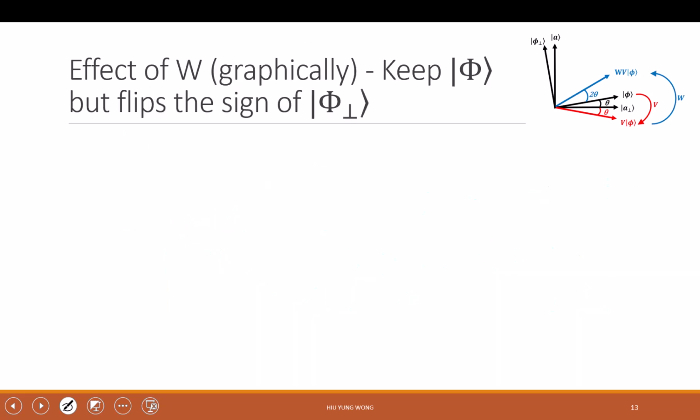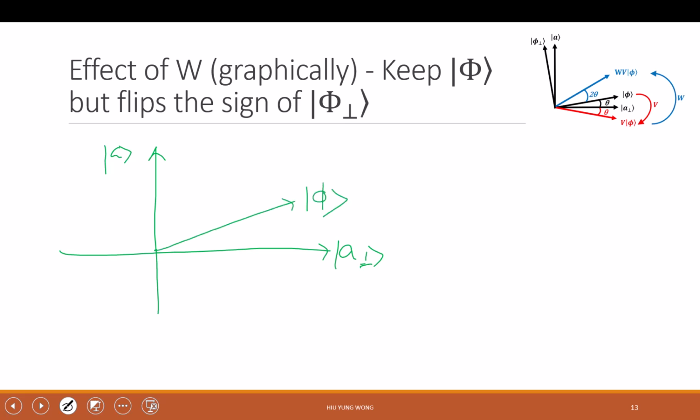Then we come back to another W. What does W do? A is here, A perpendicular is here, and then we have phi here, right? So I may have a vector which is Y. And this time I call the angle gamma. Gamma is between Y and phi. And what it does is flip about phi when you apply W to Y, right?